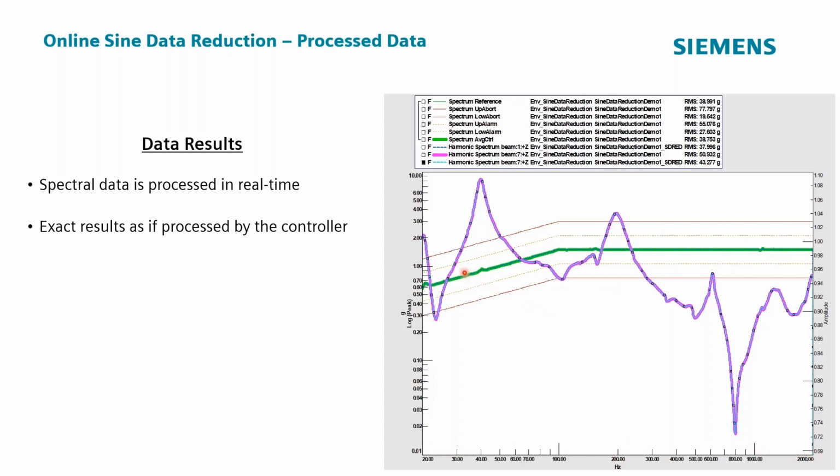But what happens when you have this sweeping excitation is you end up with a whole bunch of different spectra that when you average them together, you're not going to get an amplitude per frequency result. You're basically going to get all of those spectra averaged together. And so when you average together a spectrum at 10 hertz with an amplitude of 1G and 100 hertz with an amplitude of 1G, and the rest of that spectrum is essentially zero, you're going to be reducing those amplitudes. You're not going to get what the true amplitude was at the frequency.